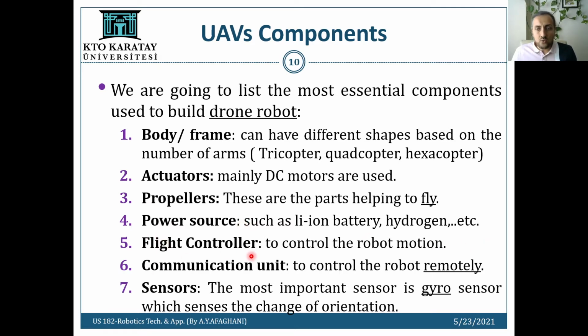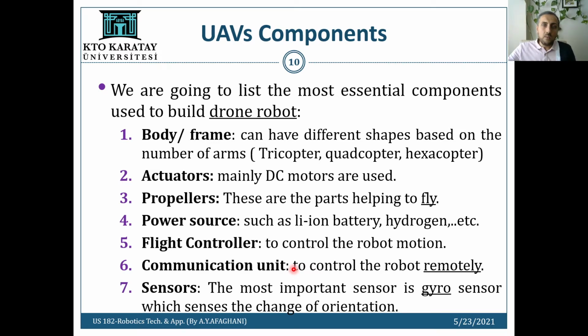We have a flight controller, which exists inside the unmanned vehicle. And also an important component, which may be different from other robots, is the communication unit. Whether I control it autonomously or remotely, I need some communication unit because the vehicle is flying in the sky.